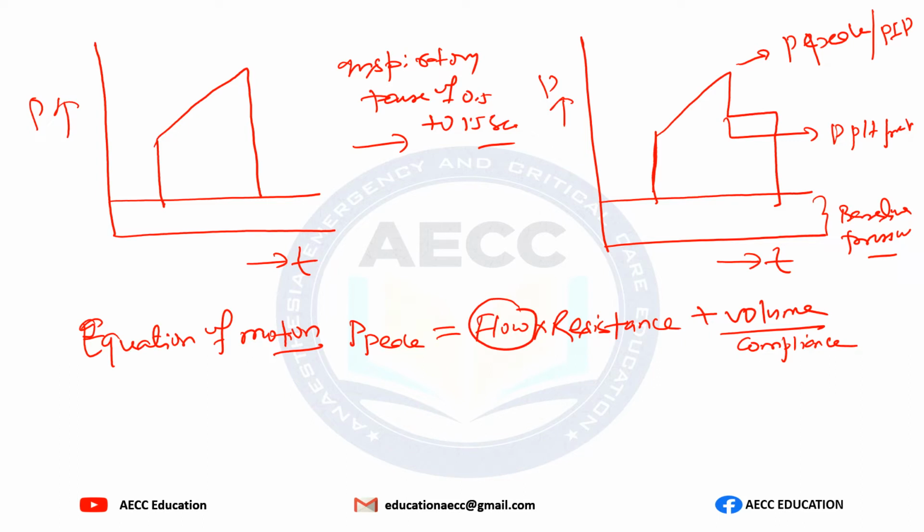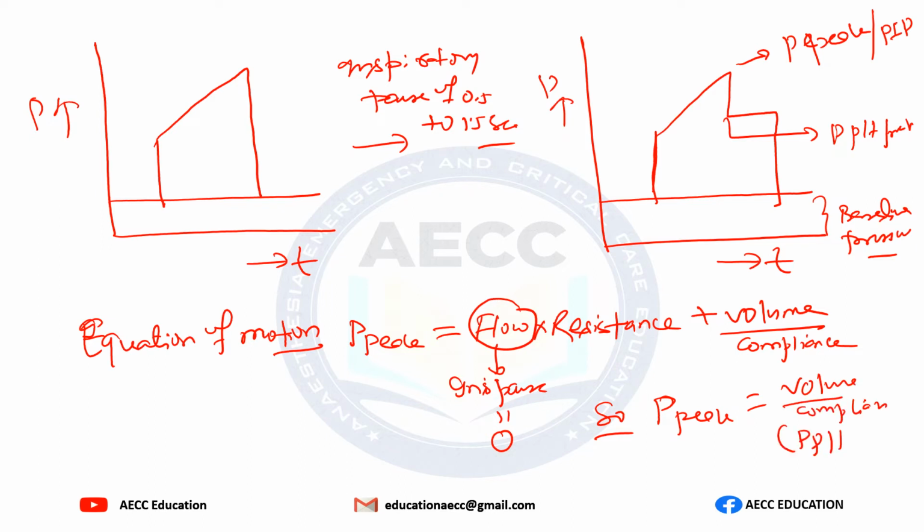By giving the inspiratory pause or inspiratory hold, the flow becomes 0. So P peak is equal to volume by compliance, that is the P plateau pressure or alveolar pressure.